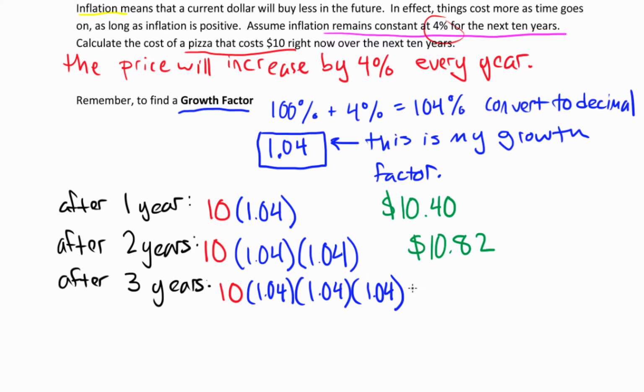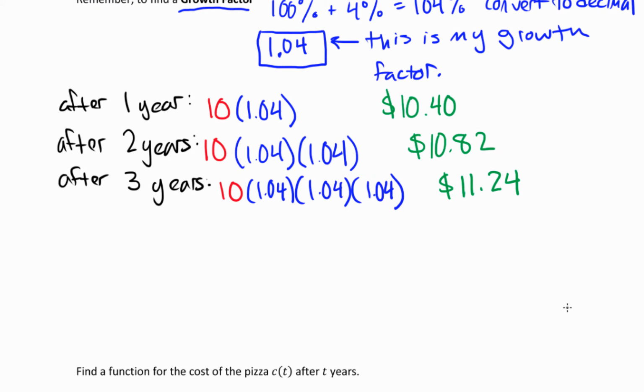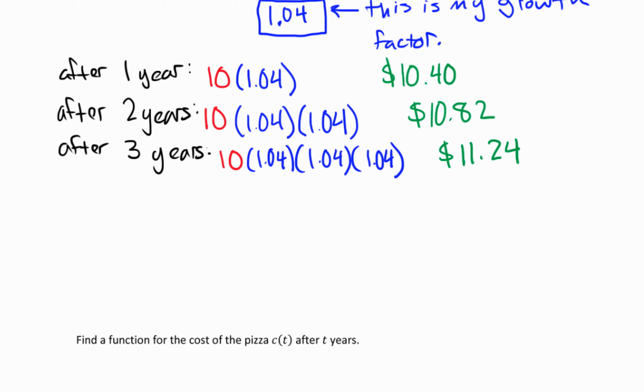And what I end up with is now 10 times 1.04, and I'm going to do that 3 times. Yeah, so I get 11.24. So what's happening here is I'm multiplying by my growth factor once per year. So for example, after 3 years, I have 3 growth factors.